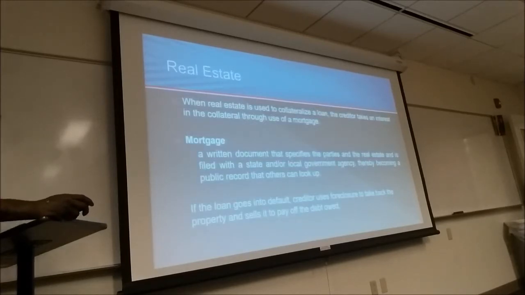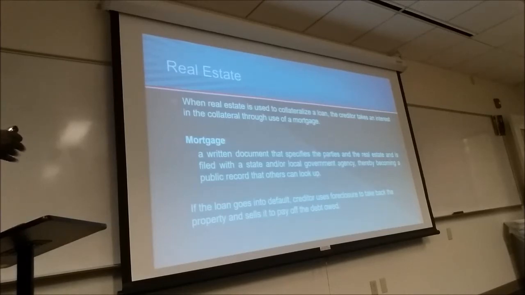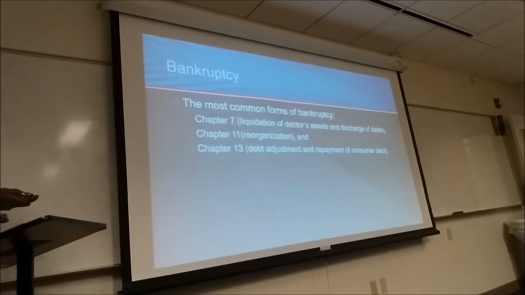And then the book talks about other ways to collateralize, and that's with real estate through a mortgage, which we know a lot about. I'm sure a lot of you have mortgages. The person who loaned you the money for that house, that debt is secured by that real property.